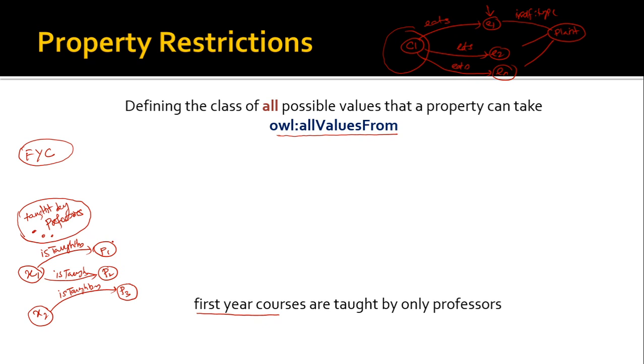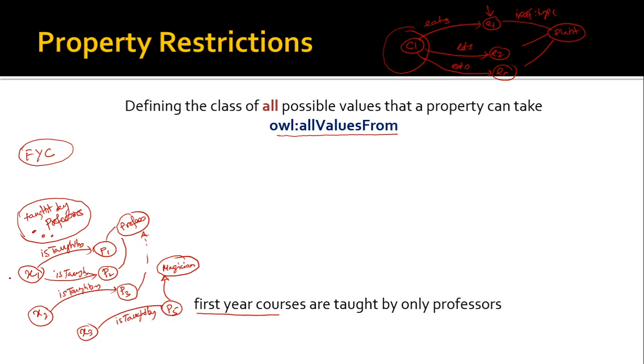But in all the cases, this should belong to Professor, and this should also belong to Professor. Let's take another example, say x3. Now we say it is taught by someone, say p5, who belongs to, say, the Magician class, right?